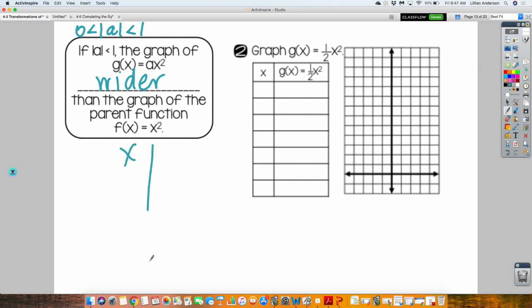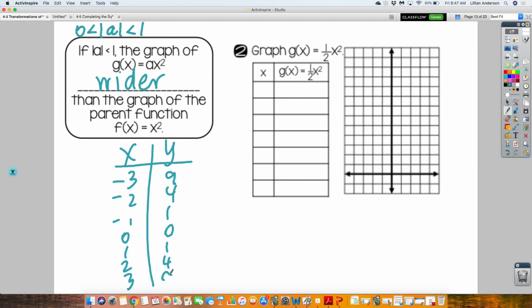All right? So those original points on x squared, again, the y's are getting affected. a affects your y values, okay?